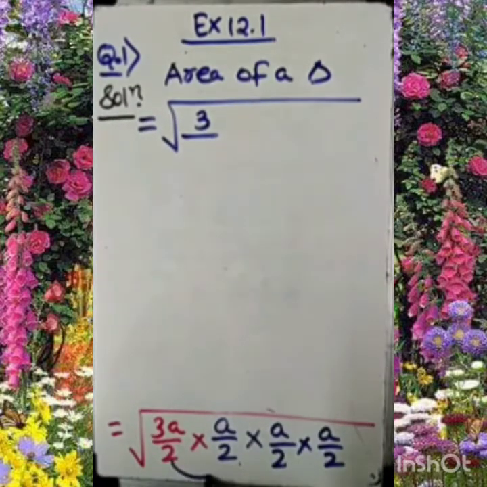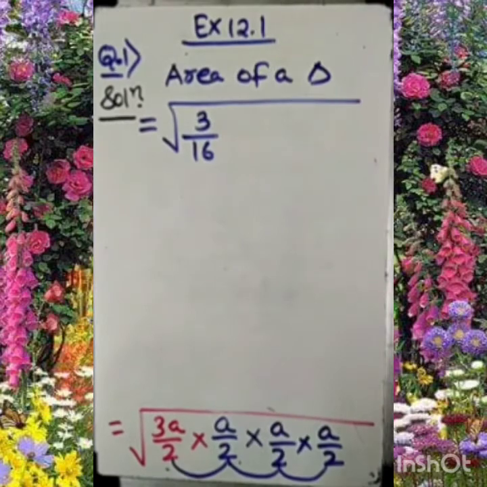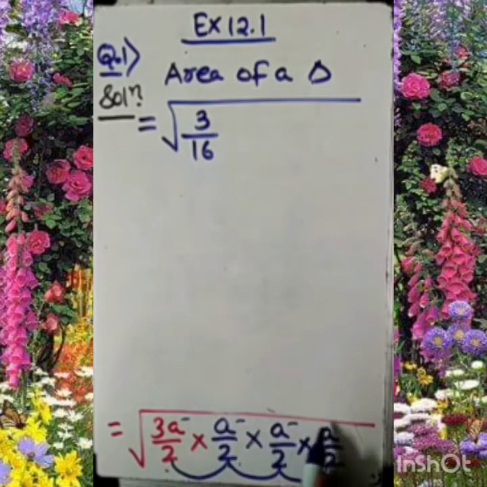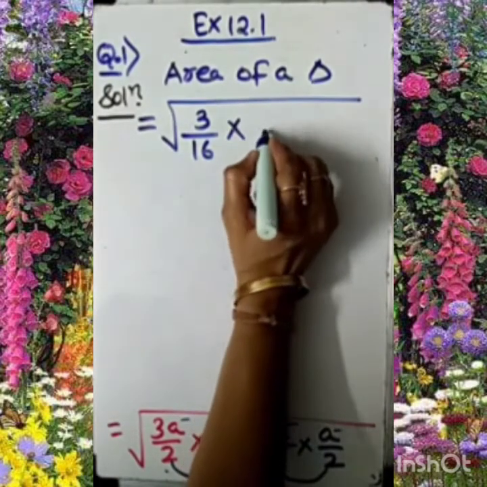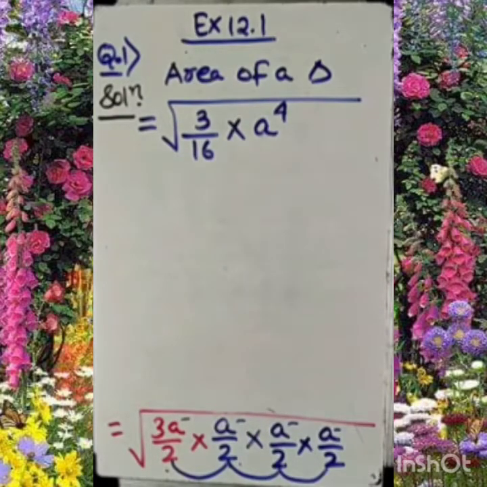In the denominator, 2 into 2 into 2 into 2: 2 times 2 is 4, 4 times 2 is 8, 8 times 2 is 16. Got it? And in the numerator, a into a into a into a, that is a to the power 4. Four times it is with us.